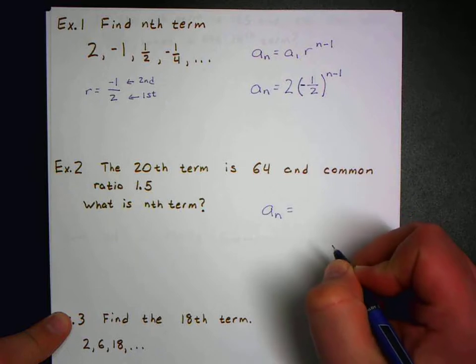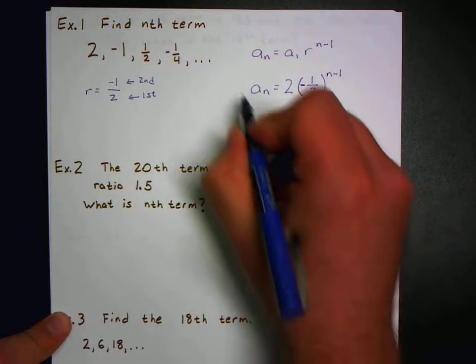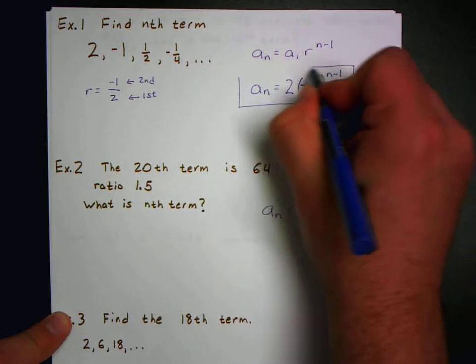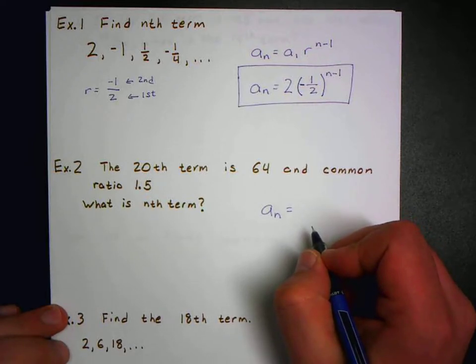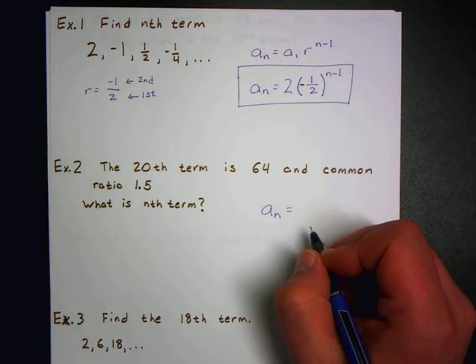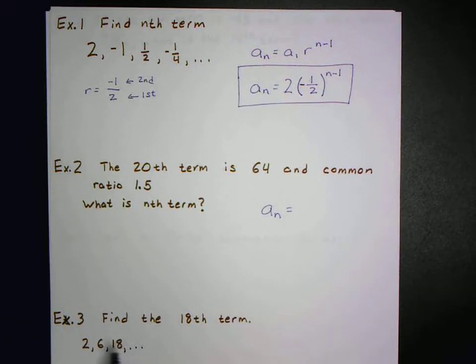Yep, that's all it wants you to do, is find the equation. Anytime it asks for the nth term, that's all you're finding, is the equation. It would ask you to find like the 18th term, so like on number 3.